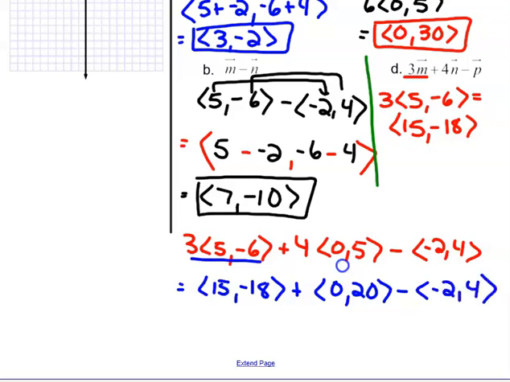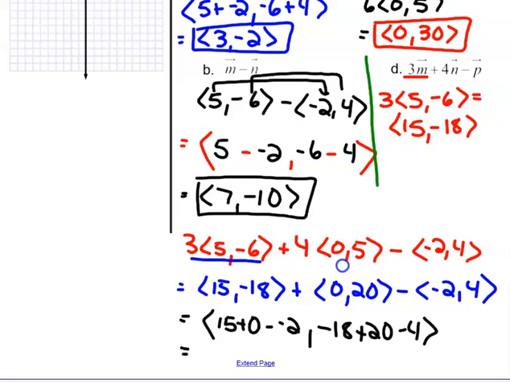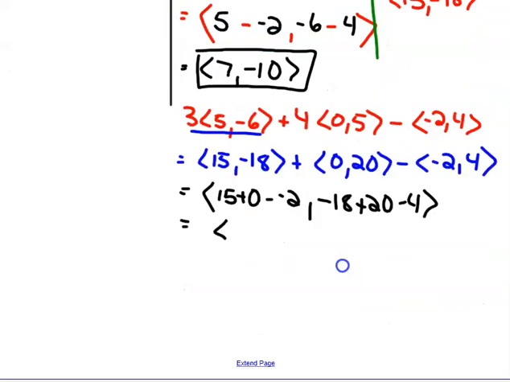And finally, now we're going to go for our first value: 15 plus 0 minus -2. For the second value, the y, it's -18 plus 20 minus 4. And we end up with, that's plus 2, so that's 17. -18 plus 20 is 2, minus 4 is -2.